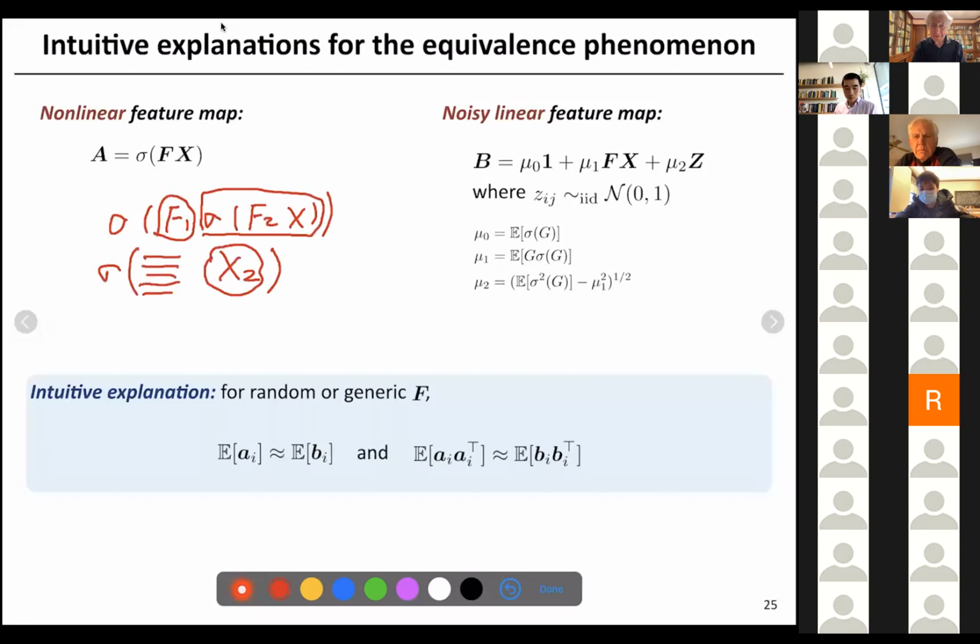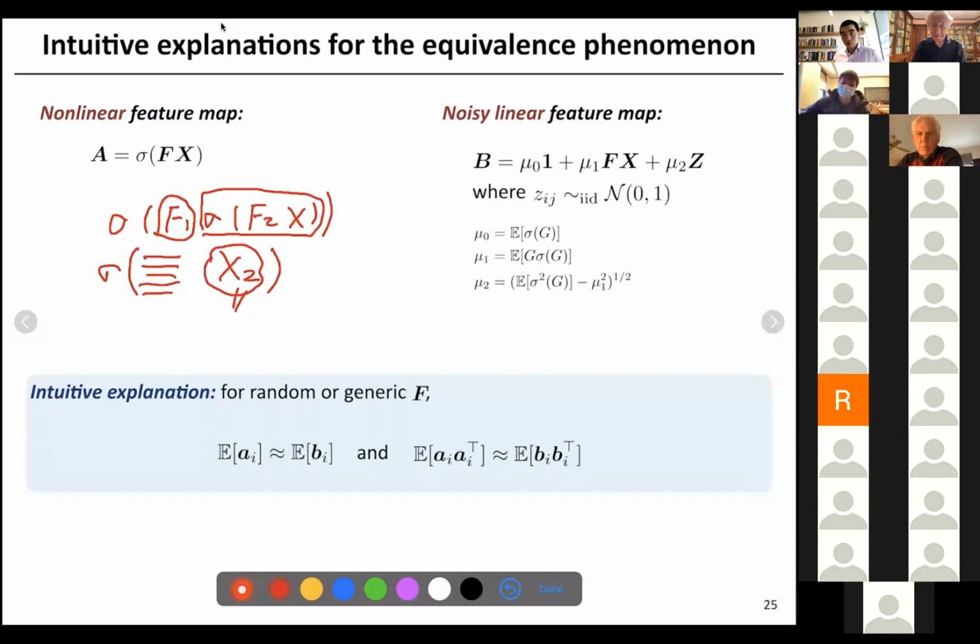The only thing that we need to prove is that with high probability the columns of x2 are close to being orthogonal. So a very similar idea. And I want to mention this idea appeared in a recent paper, not from our group, in studying the asymptotic singular value distributions of such matrices.